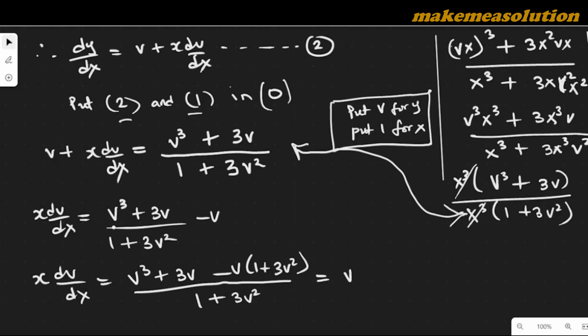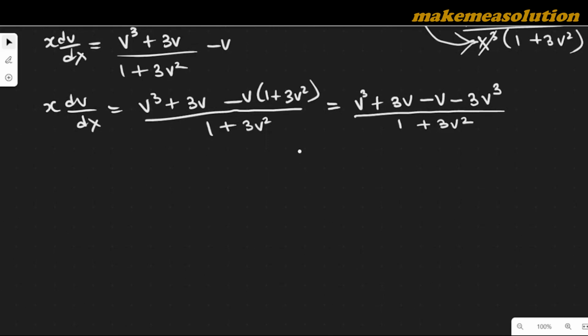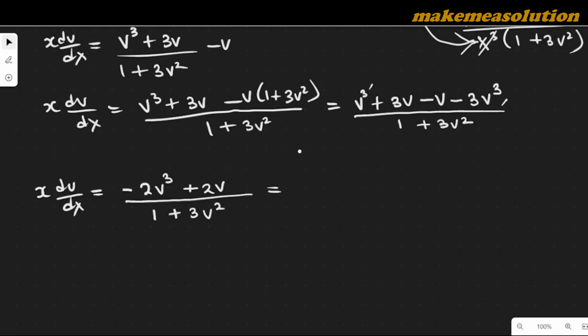So this is v cubed plus 3v minus v minus 3v cubed, all over 1 plus 3v squared. So v cubed minus 3v cubed gives negative 2v cubed, and 3v minus v gives plus 2v. I can write this as 2v minus 2v cubed all over 1 plus 3v squared.